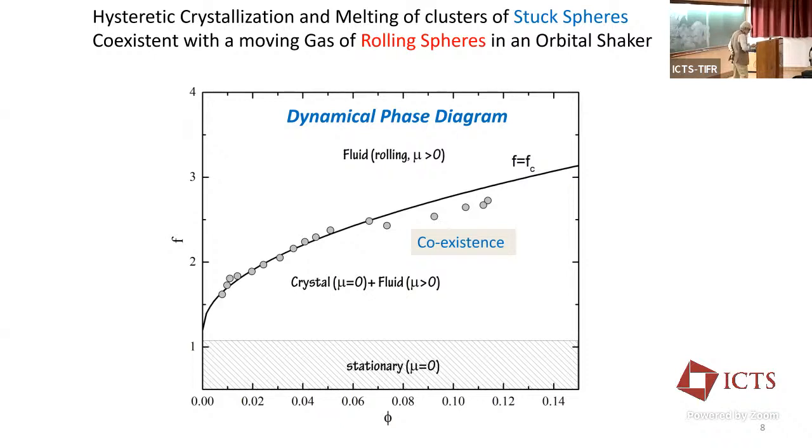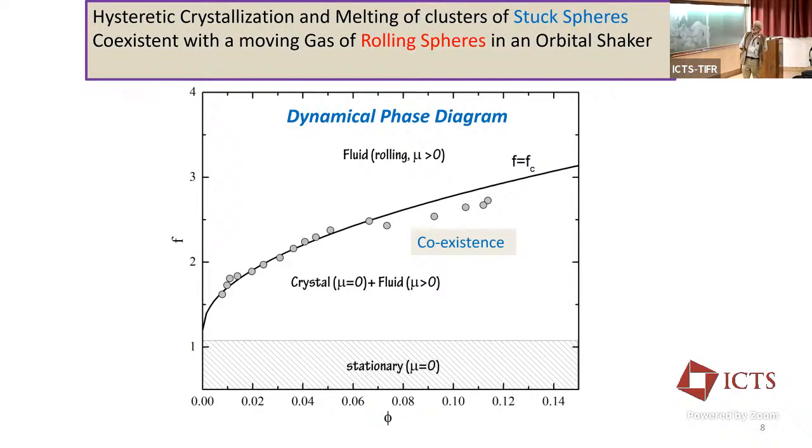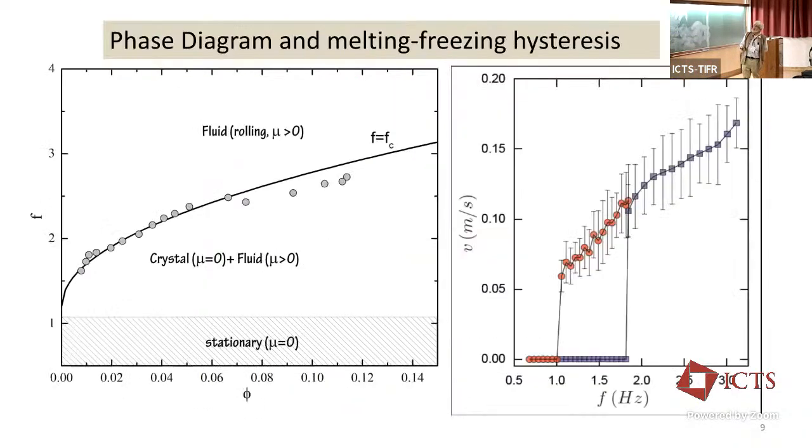Okay. So again, what you wish to do is go up and down. You take a point on here, and you go up and you come down, and you see what happens to the mobility. Nothing happens, then it becomes mobile somewhere.